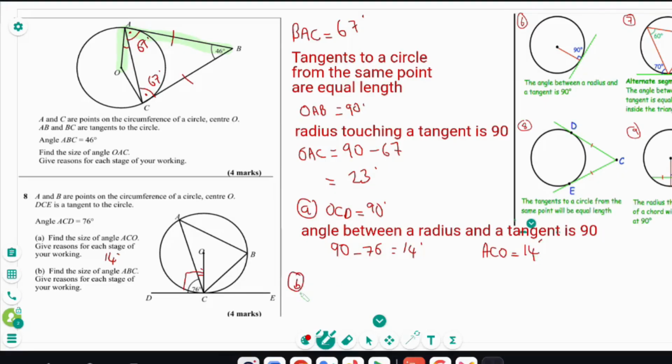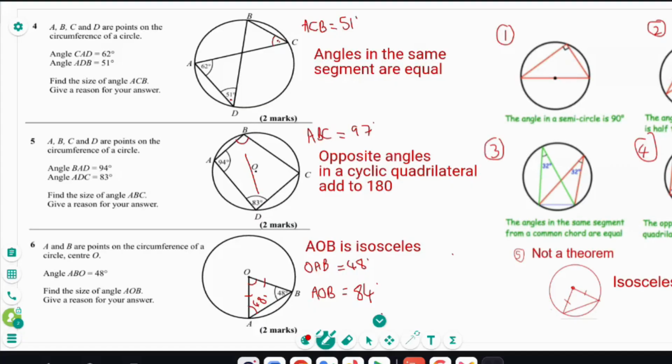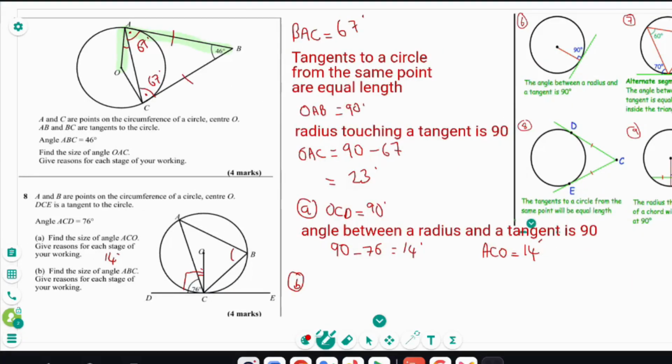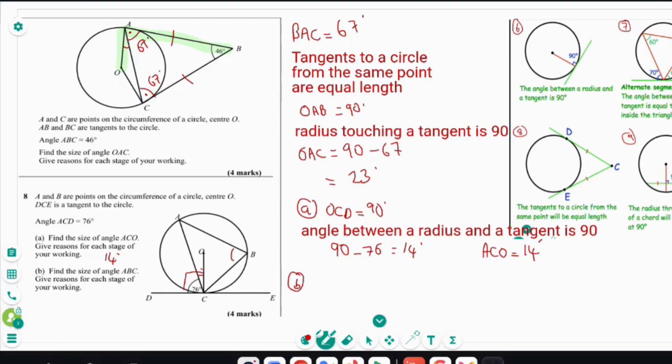Part B, find the size of the angle ABC. So can you see? Oh, let's get the tangent theorems up. Well, we have actually got them up here. So can you see we've got the alternate segment theorem here? You've got a tangent touching the triangle here, ACB.